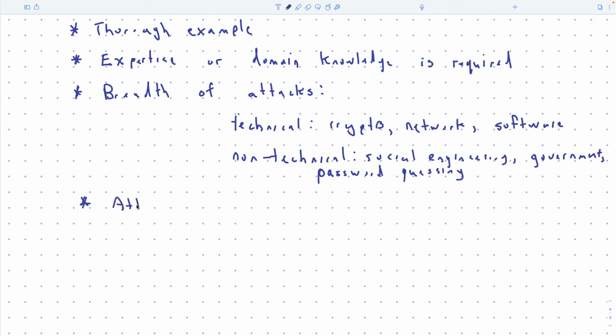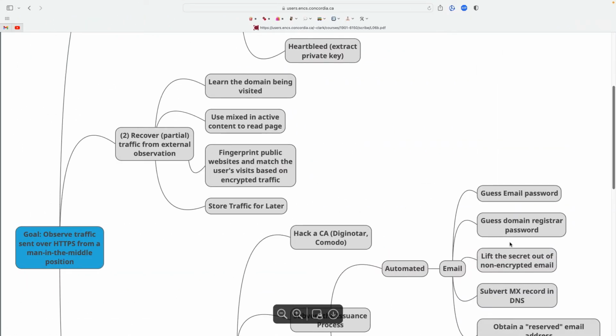Okay, and then a few observations about the attack tree itself. If I did the attack tree and gave it to you as opposed to asking you to do it yourself, it's still a nice format for you to look at, okay?